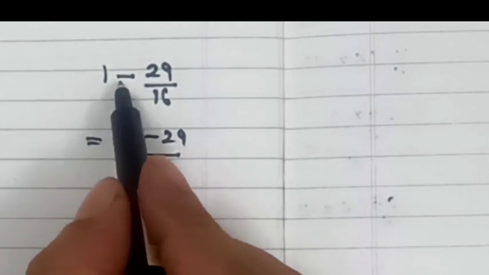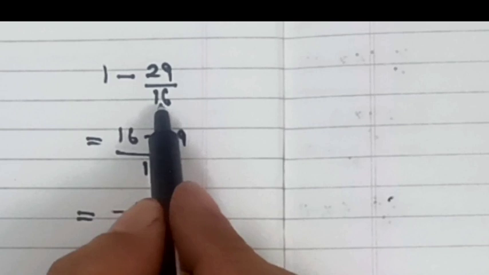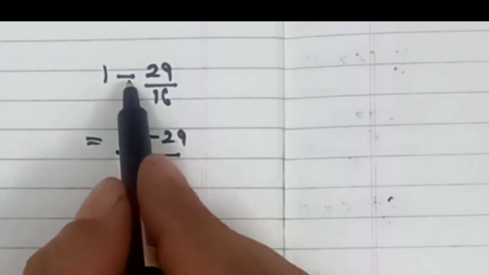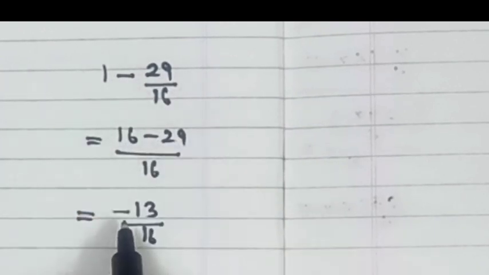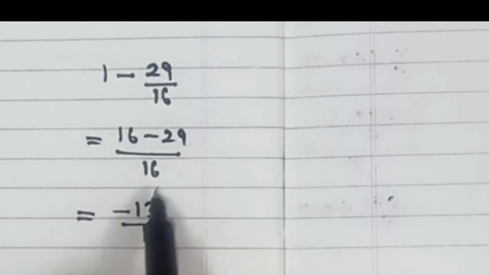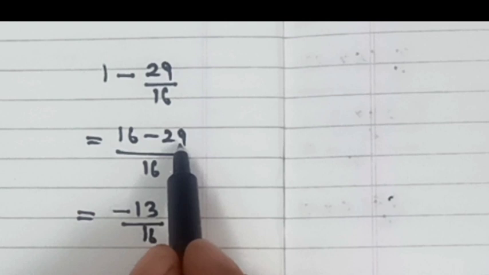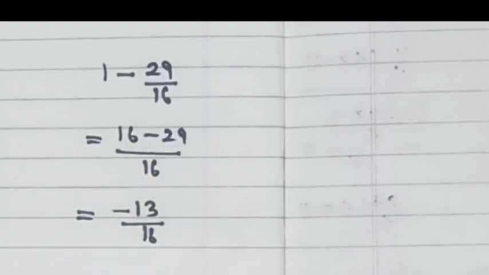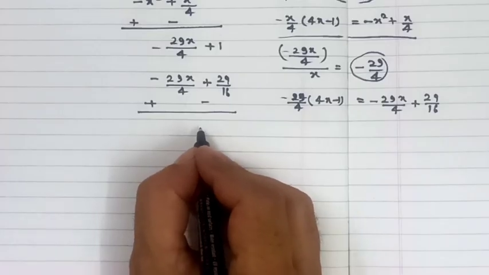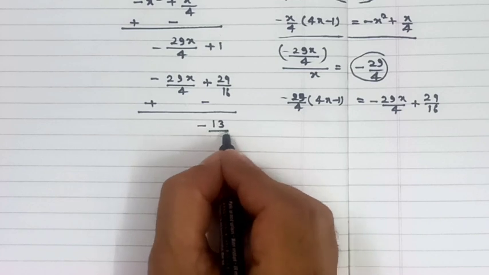So 1 into 16 is 16, minus 29 upon 16. 16 minus 29 gives you minus 13, because 16 is small and 29 is big, so minus 13 upon 16. Your answer here will be minus 13 upon 16.